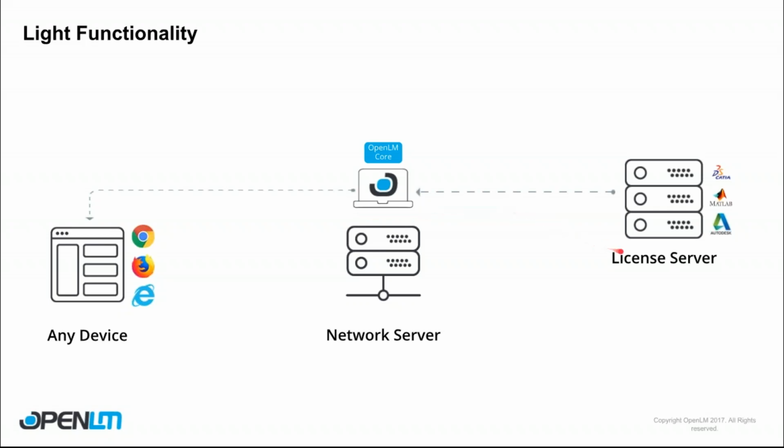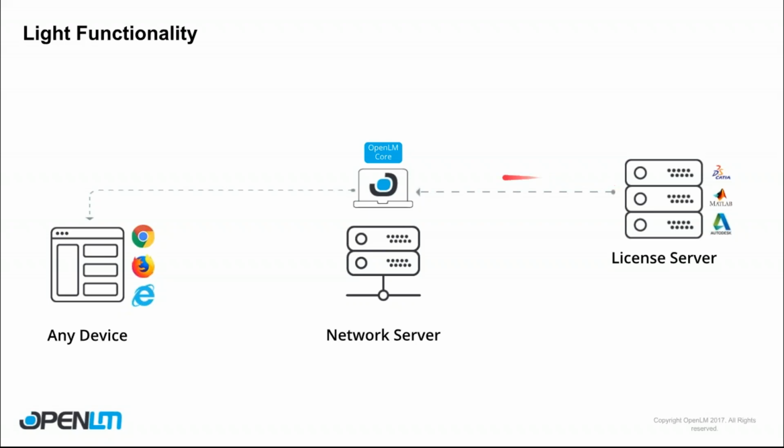It can also be on the license server, on your PC, whatever you choose. So in the Lite instance, the OpenLM Core connects directly to the license manager itself. It gets the information from the data being outputted in the vendor port.